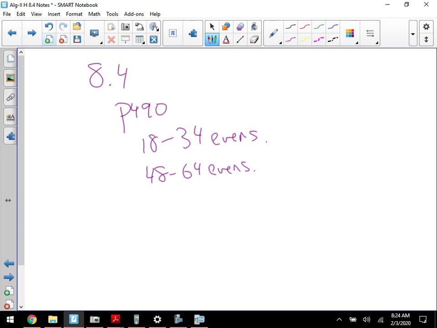Try those out real quick. They shouldn't be that bad. There's a couple of rewrites, a couple of inverse ones, and so on. Yeah, it should be pretty easy. Tomorrow we'll worry about graphing these, and so on. All right.